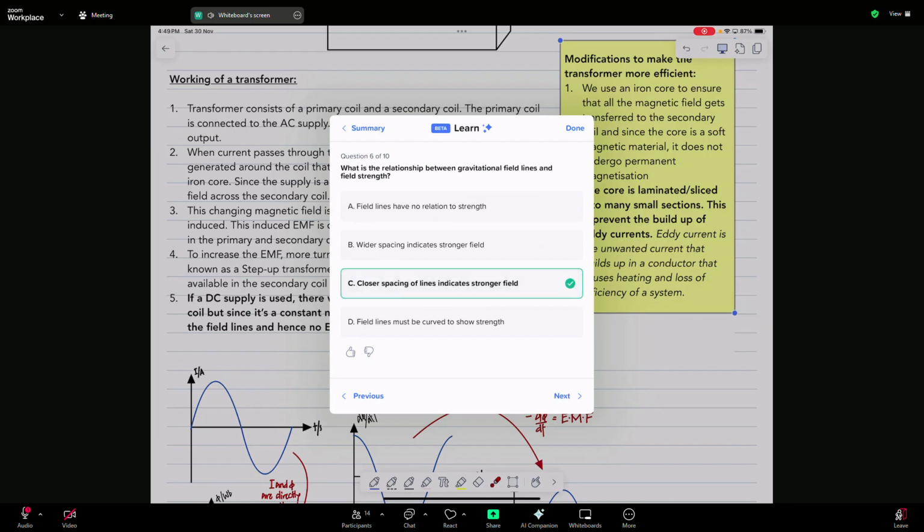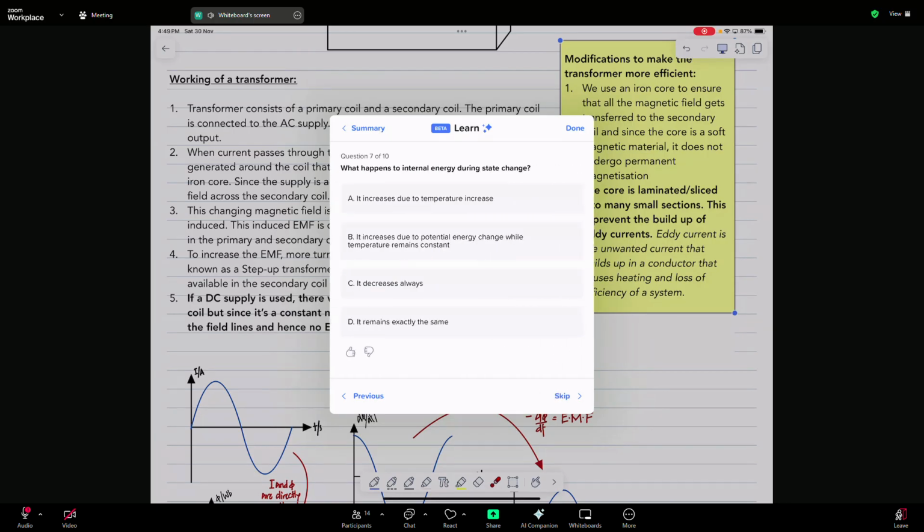C, correct. What happens to internal energy during state change? B. That's because আমার হচ্ছে K টা বাড়ে না, but potential energy বাড়ে. Always remember, whenever you're providing heat, internal বাড়তেই থাকবে. K আর potential এর মধ্যে change হতে থাকে.